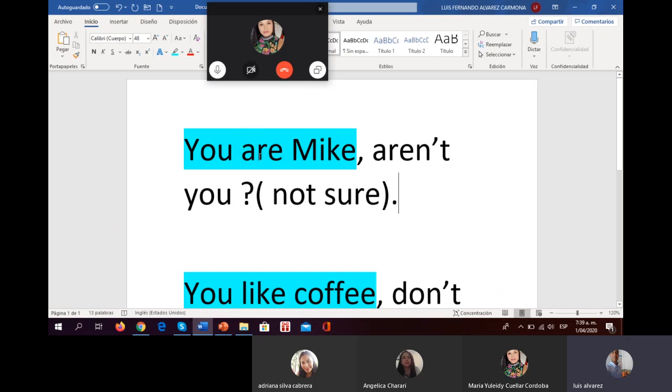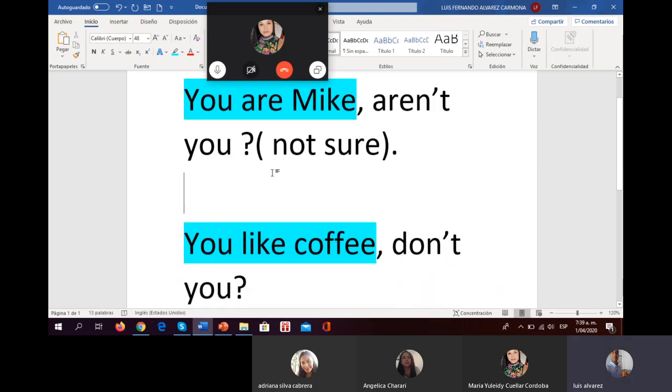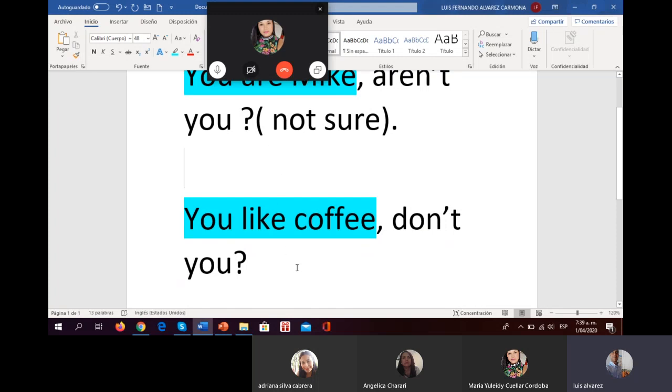So what else do you know here? That the verb in this part of the sentence is affirmative. Then we use the same verb but in the negative form. In that case, we're not sure about the situation. And here, the same, you like, the verb is in the affirmative, but we need to use an auxiliary in the opposite.